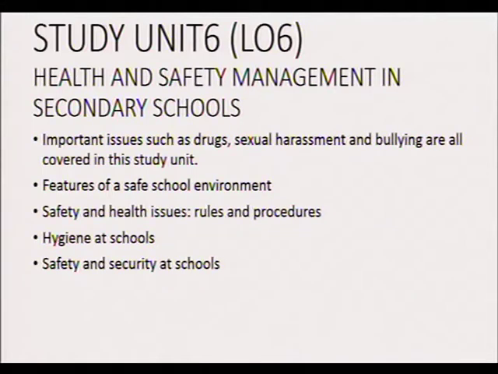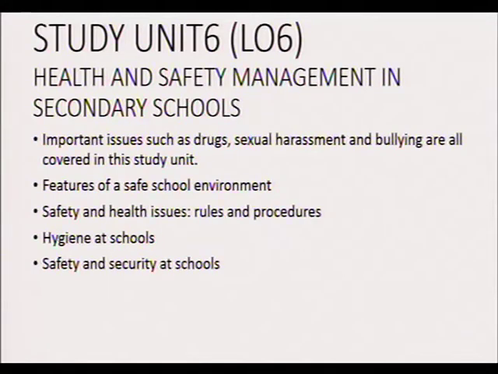It also deals with the features of a safe school environment, which include, for example, the fencing of the school ground as a way of having a safe environment. It deals also with the issues of security and all the other controls that make the environment a safer place to stay.